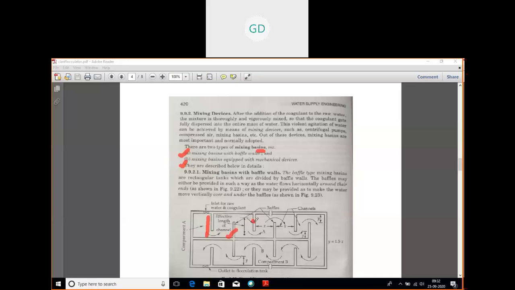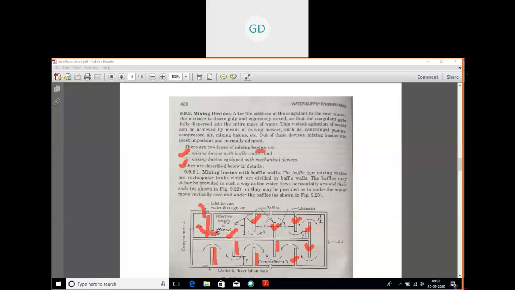These are put in opposite directions. One is put like this and the other from the bottom, then again from the top. So what is happening actually, when you are pouring the water from the inlet, the water comes from here, then it goes like this.